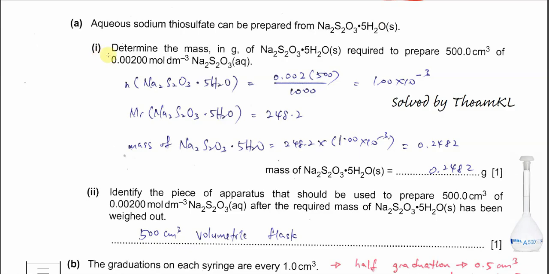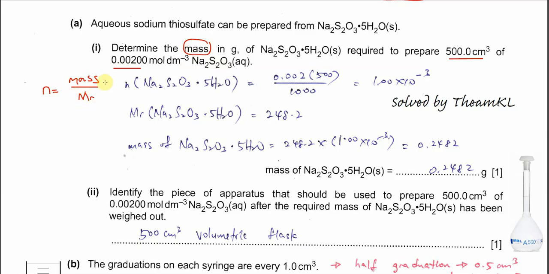Part 1, determine the mass of this salt required to prepare 500 cm3 of 0.00200 mol per dm3 sodium thiosulfate solution. Okay, because it's asking for mass, of course we know that n equals mass over molar mass.